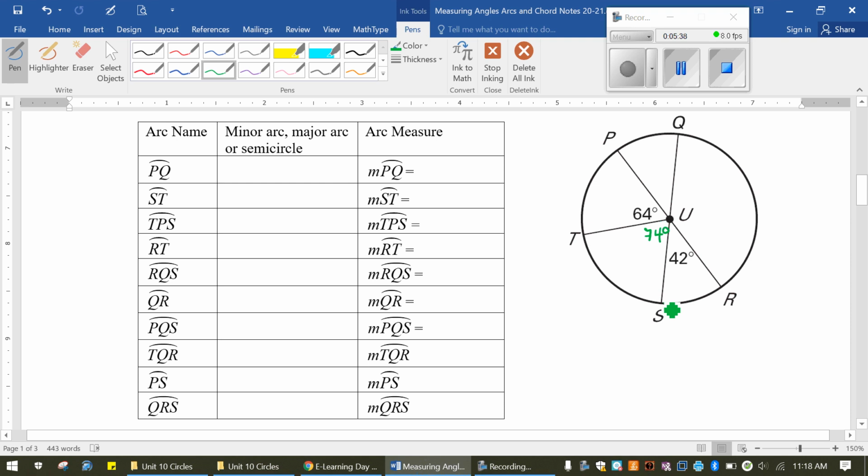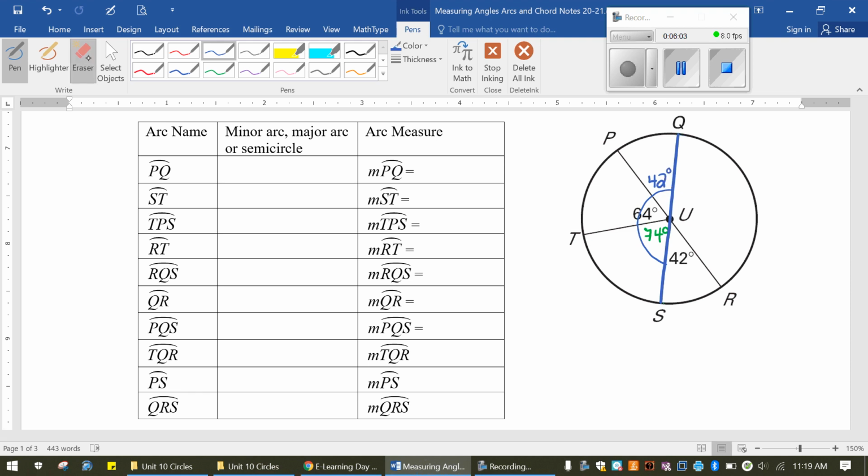If I take a look at the other diameter, which was QS, it means that these three angles together add to 180. So if I do 180 degrees and subtract 74 and subtract 64, I'll get 42 degrees right there.